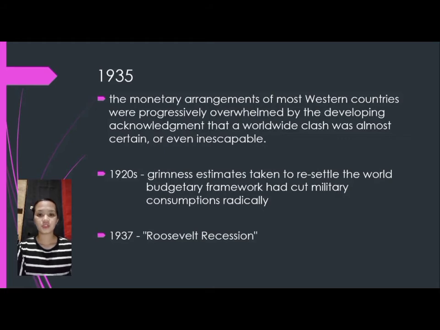The essential issue was which gold standard should be followed. In the years that followed, countries turned to two-sided exchange agreements.